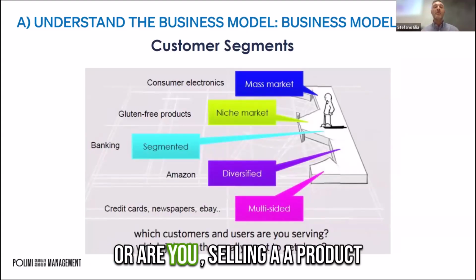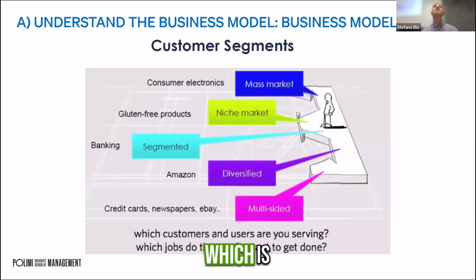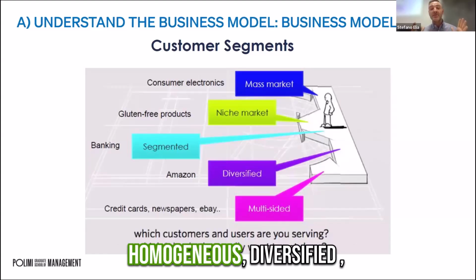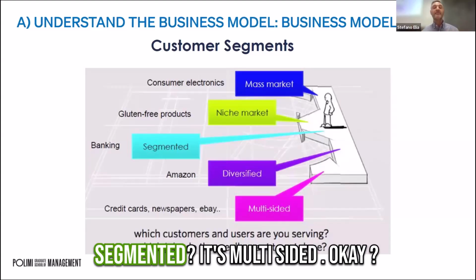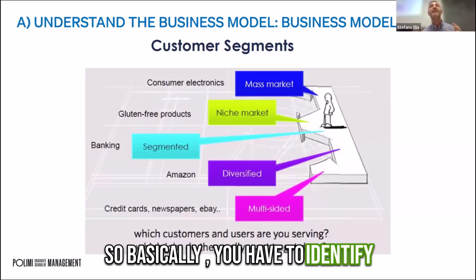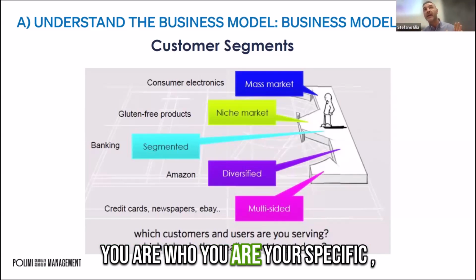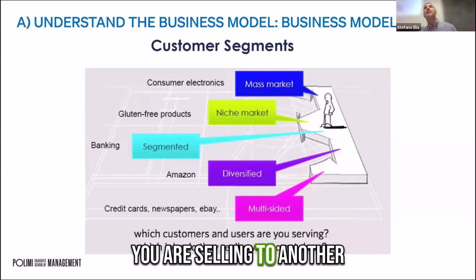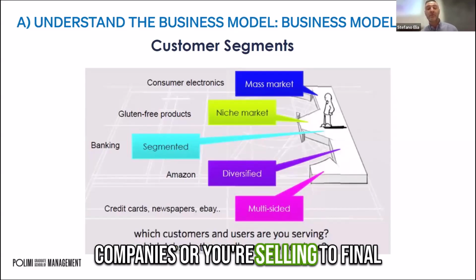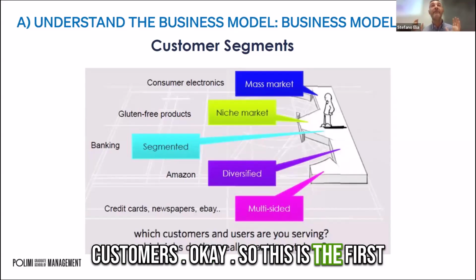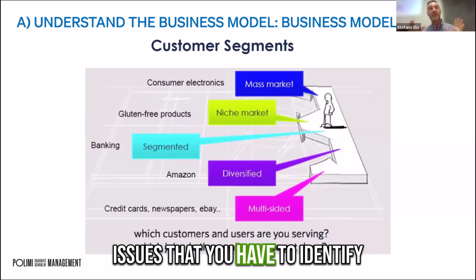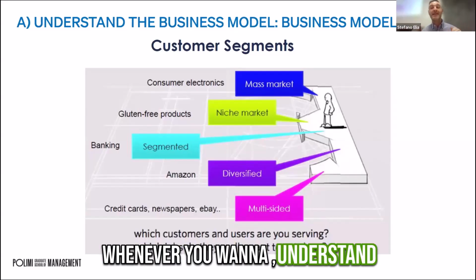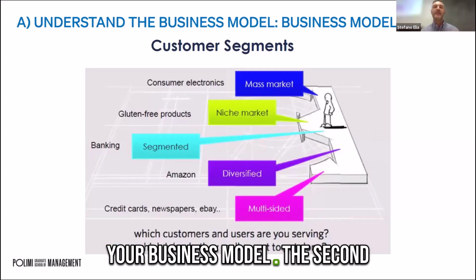Or are you selling a product which is homogeneous, diversified, segmented? It's multi-sided. Okay, so basically you have to identify who your specific customers are. Can be B2B or B2C. So you are selling to other companies or you are selling to final customers. Okay, so this is the first issue that you have to identify whenever you wanna understand your business model.